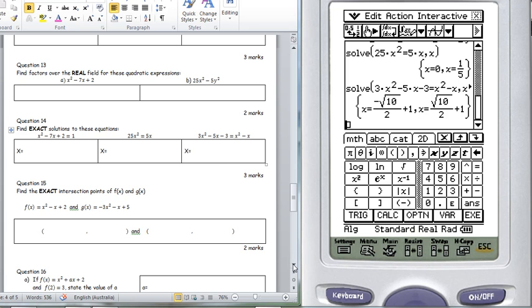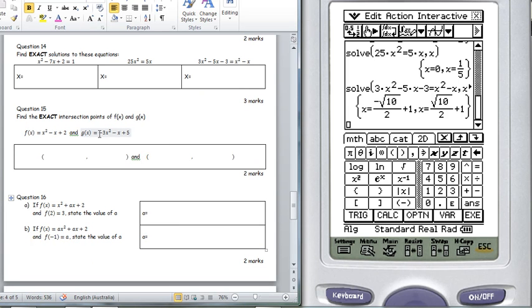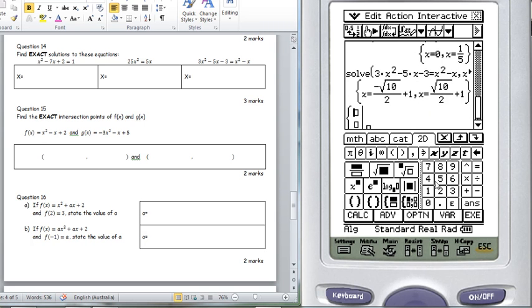Question number 15, find the exact intersection points of these. Because I'm wanting intersection points and I want an x value and a y value, I'm actually going to use the simultaneous equation module. I'll have x squared minus x plus 2 equals y as being one equation, and minus 3x squared minus x plus 5 equals y as being the second equation.